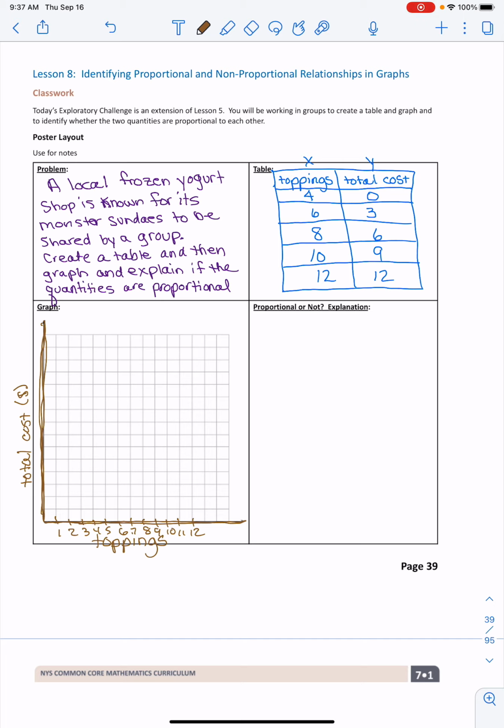And for the cost, we have to go up to 12. So I'm going to go 1, 2, 3, 4, 5, 6, 7, 8, 9, 10, 11, and 12.